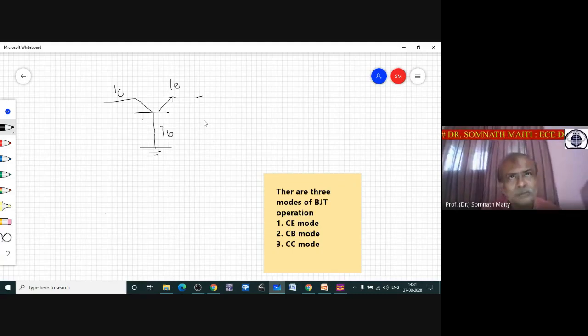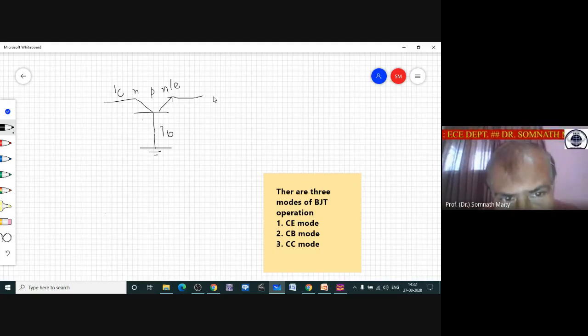Forward means what? This is NPN, N, this is P, and this is N. Can you see it? Yes, sir. You have to forward this junction.